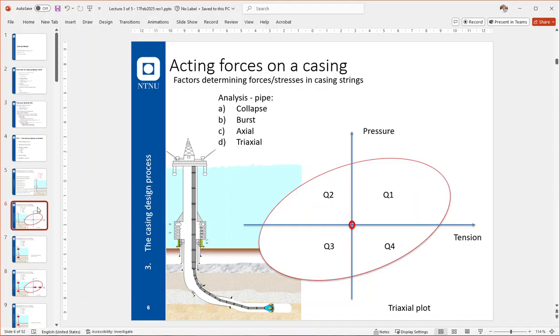What seems to be, and that's just an optical illusion in a way, these segments are actually just as big. The areas in Q1, Q4, Q2, and Q3 are actually the same. It doesn't look like it on this plot, but mathematically, looking very much into details, they are basically the same.